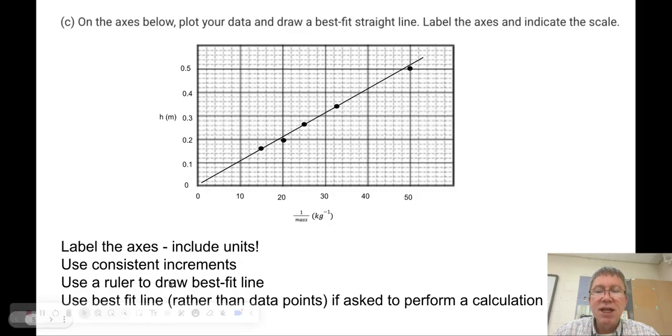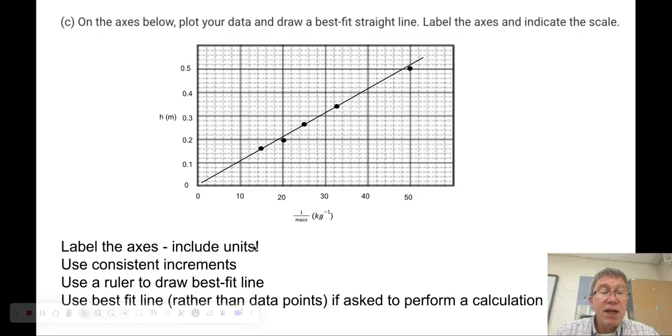Now, here's the next thing. Use consistent increments that make it at least halfway up the axis. For height, I know my maximum height was, I think, 0.49. So I decided to go by 0.1s.